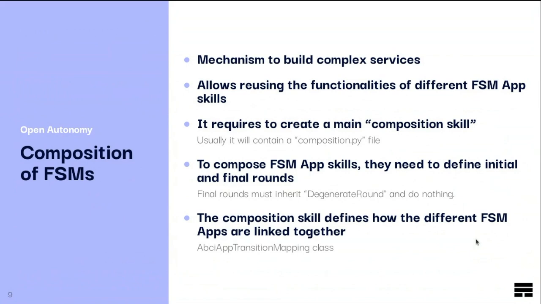I will show a diagram about this later. The composition skill simply defines how these different FSMs are linked together, how they are wired. And we have this ABCI app transition mapping class, which is simply a class that says the final state of this finite state machine goes to this initial state of this other finite state machine.